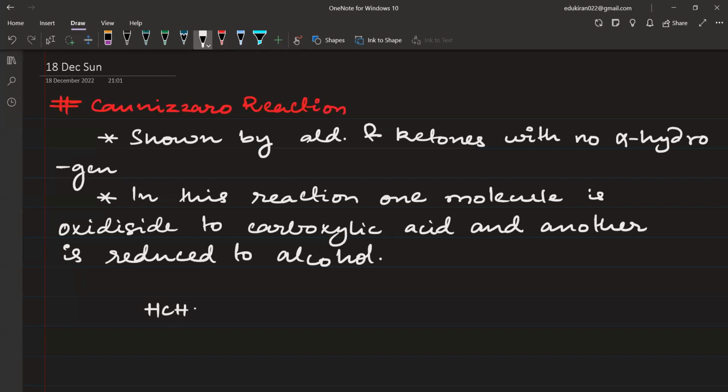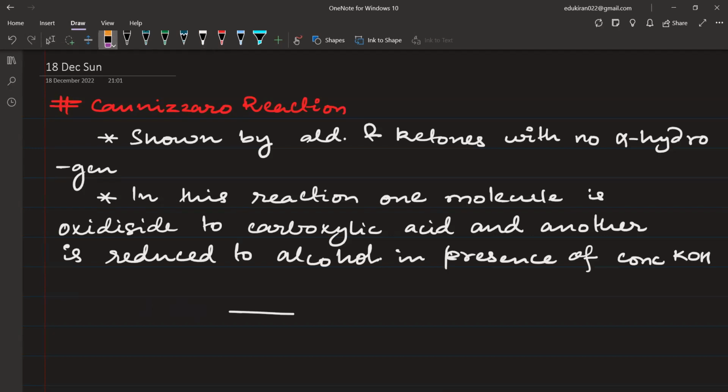Reduced to alcohol, it is made in the presence of concentrated alkali. Okay, so if you have, for example, HCHO, formaldehyde, it does not have any alpha hydrogen, right?